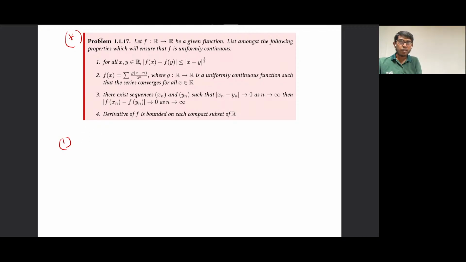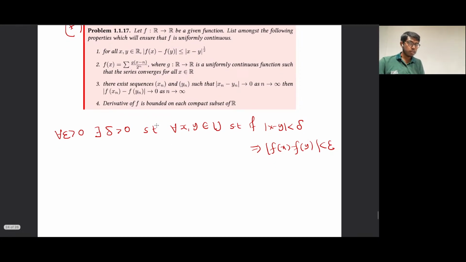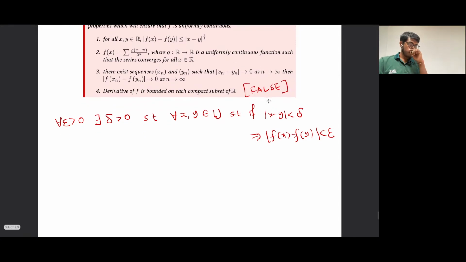So recall uniform continuity: for every epsilon greater than 0, there exists a delta greater than 0 such that for every x and y in some set, if mod of x minus y is less than delta, then mod of f of x minus f of y is less than epsilon. The fourth option is false, of course, but let's see what else.